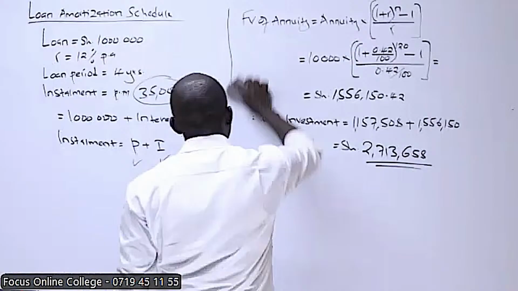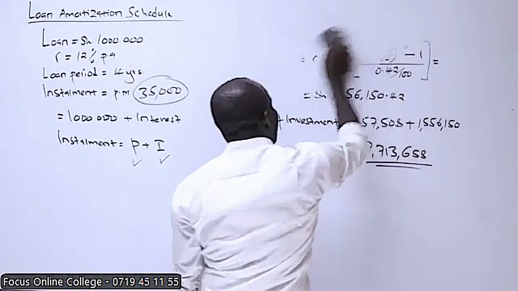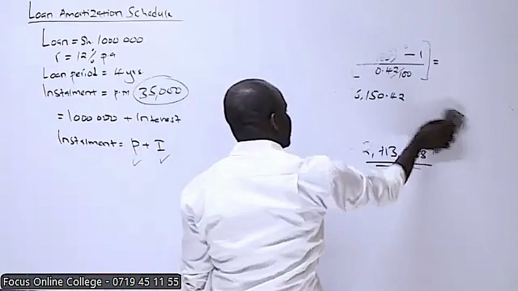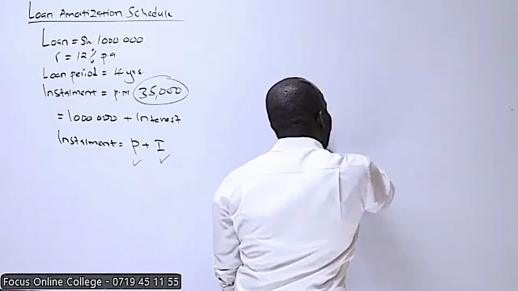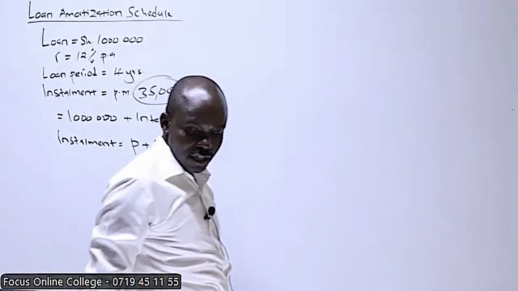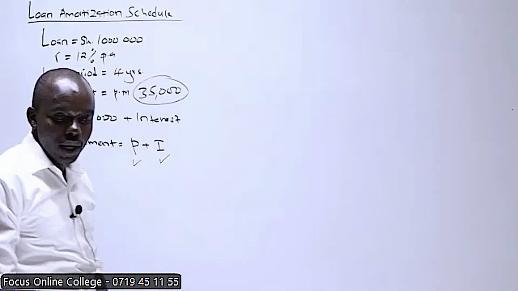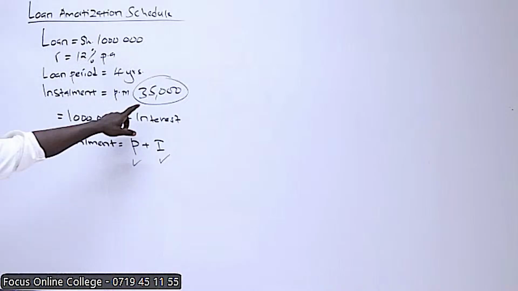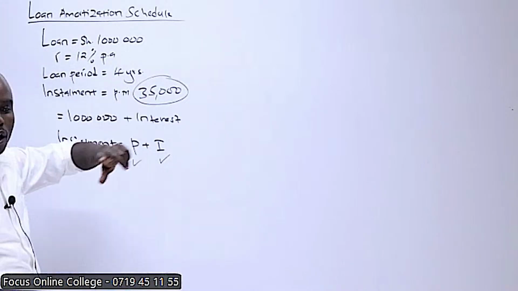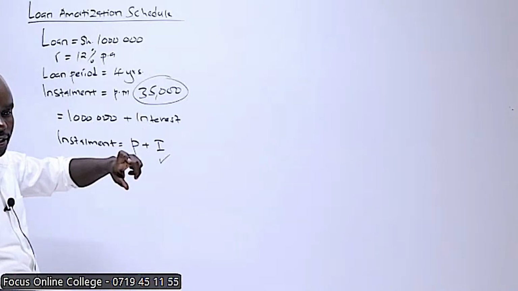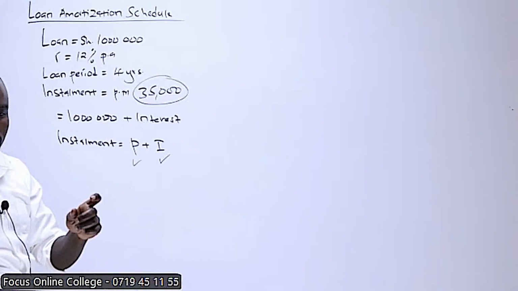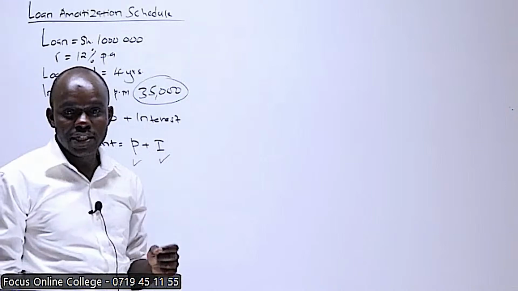So what we are saying is this. A loan repayment is done using equal installments. These installments must remain the same throughout the loan period. So what you're saying is that an installment is equivalent to an annuity.